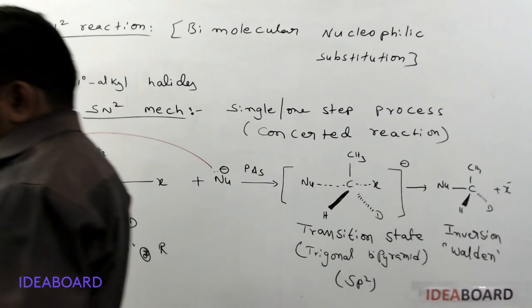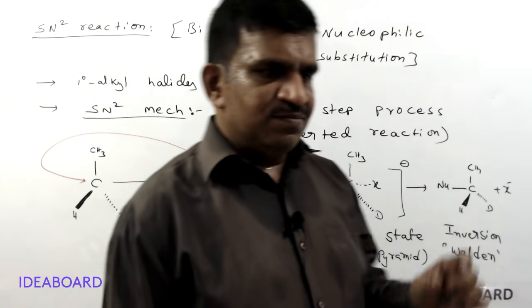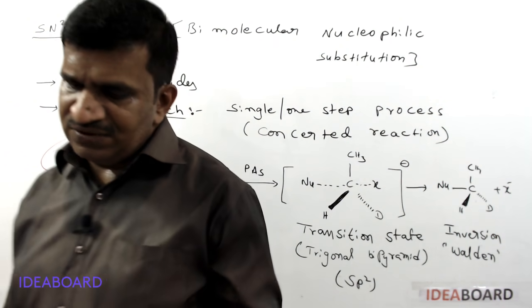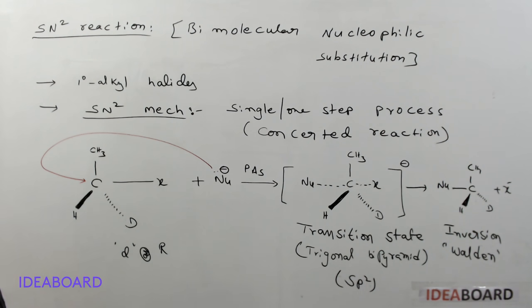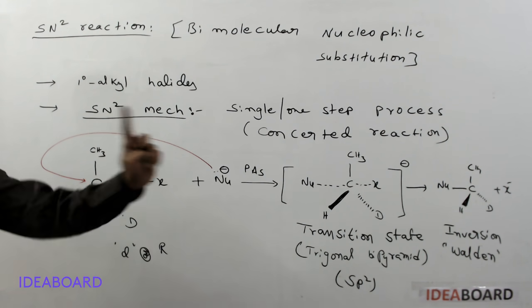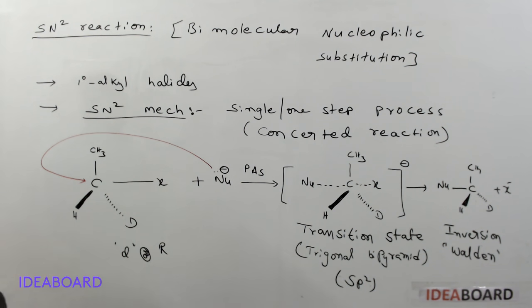So we are getting an optically active to another optically active compound. So it is a stereospecific and stereoselective reaction. And complete inversion product is only formed if we are taking an optically active compound. If it is not optically active, we can't get any inversion, just a normal product is formed. Okay, this is the SN2 mechanism.